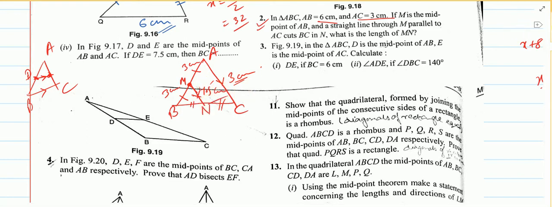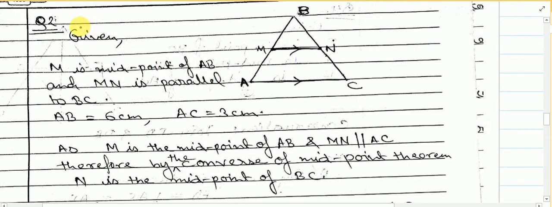Okay, what you're supposed to write, I'll show to you. This is your solution for question number 2. You will draw the diagram, A, B, C, and it is given that M is the midpoint of AB and MN is parallel to BC.